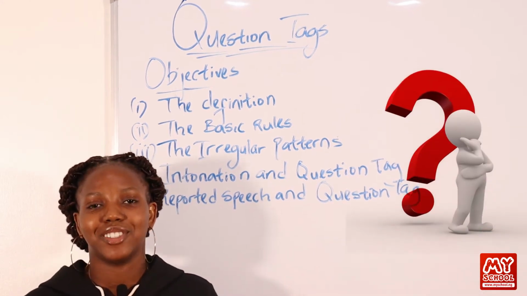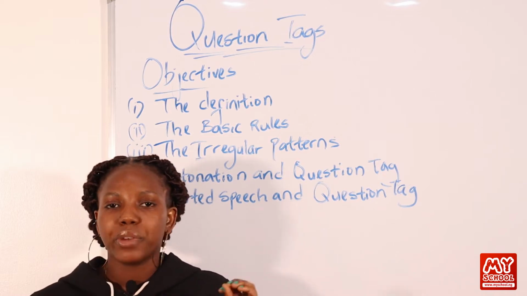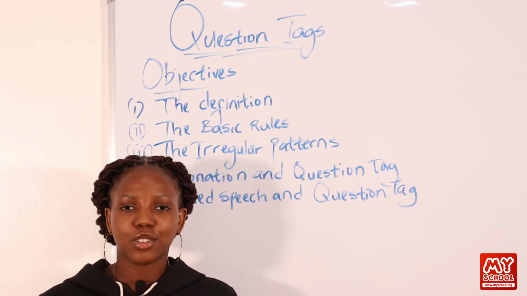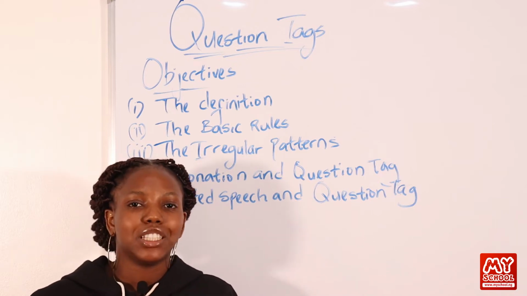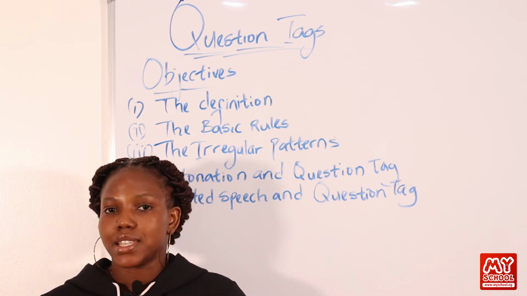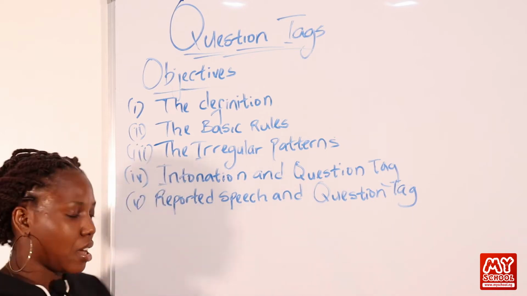Now, what is a question tag? Question tags are short questions or mini questions that are placed at the end of a statement. So there are two things you need to note when defining question tags. The first is that it is a short question, and the second thing is that it is placed after a statement. So let's write that down.